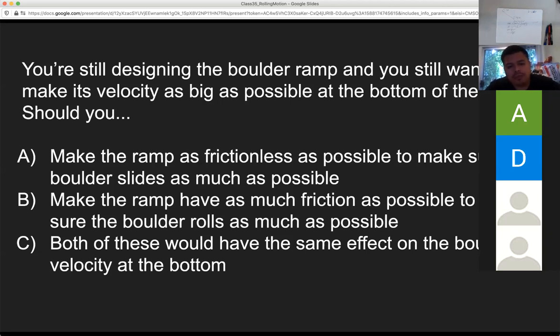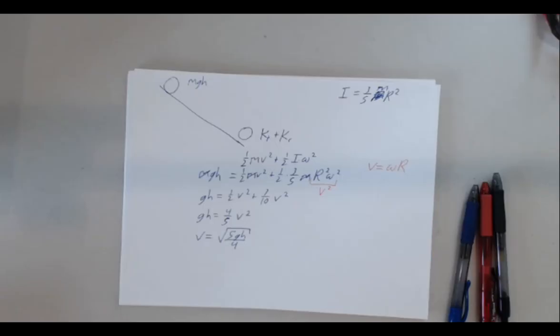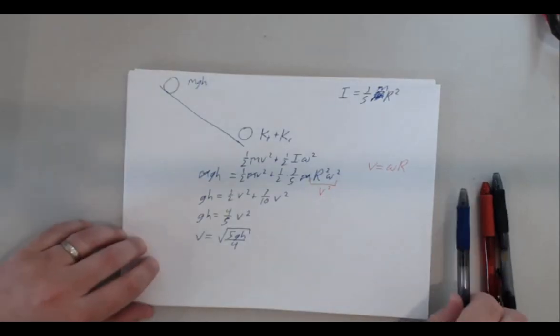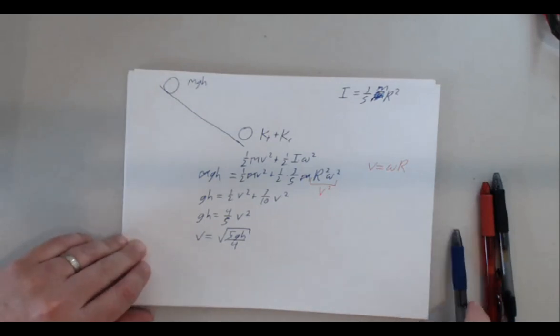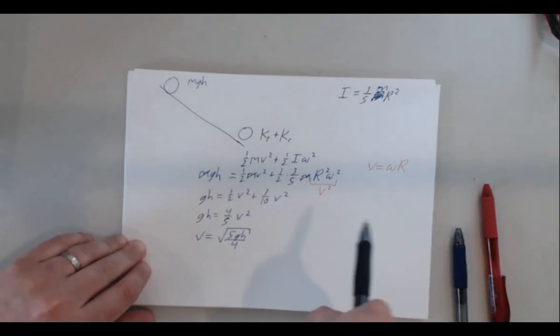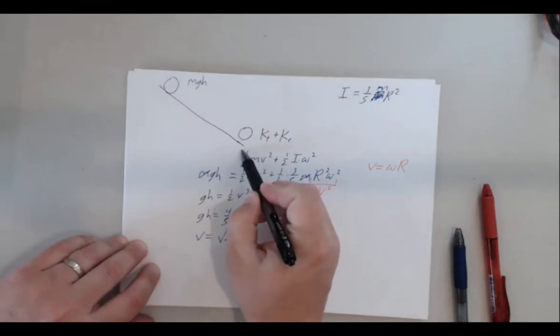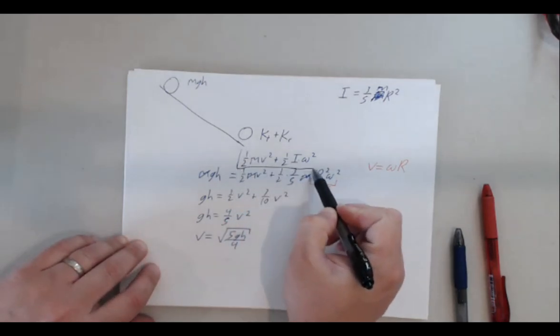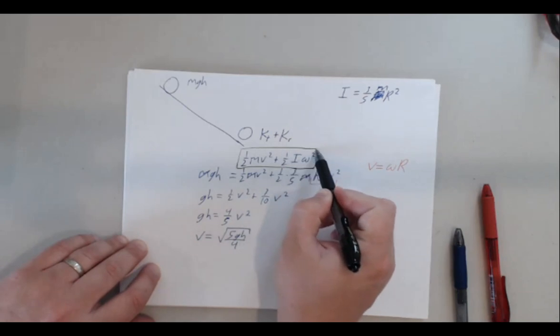Okay. So I said the right answer was A. Let's go back over here to our energy equation and look at what happens if we change it a little bit. Let's come back up here to our energy at the bottom of the hill.